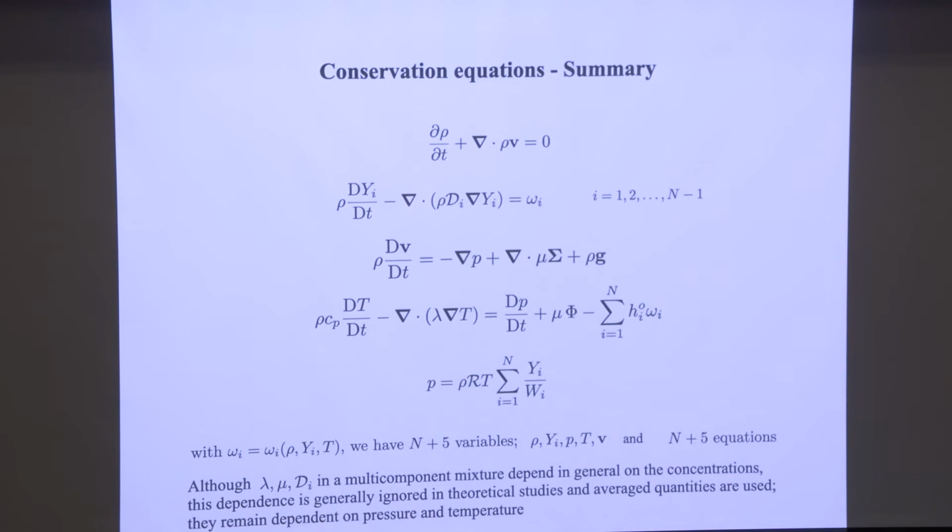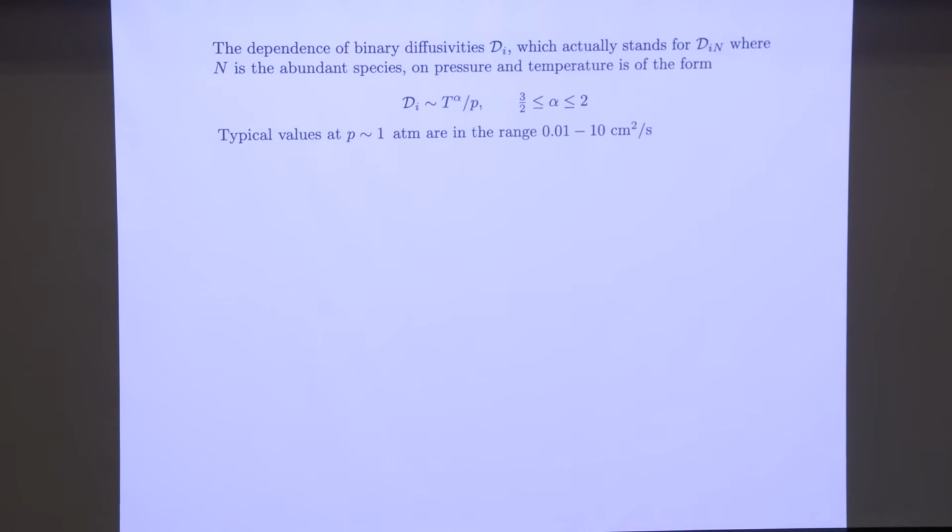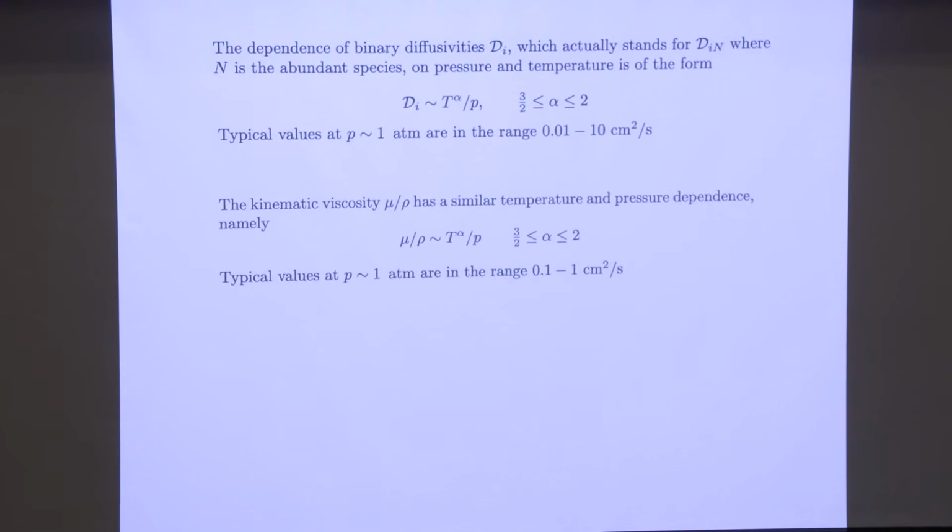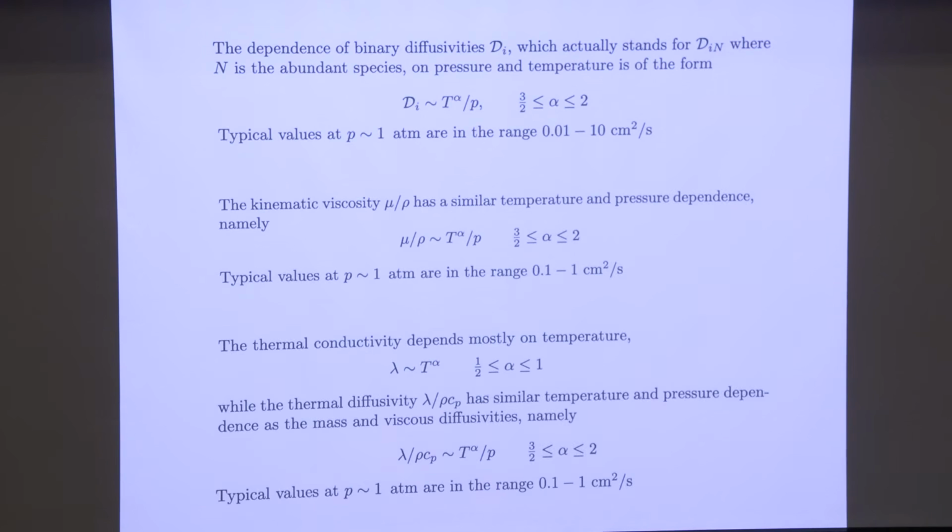The coefficients lambda, mu, and D_i are mixture dependent in general, but usually they depend primarily on temperature, and I'm going to go through that very quickly. The diffusivity depends primarily on temperature, not so much on pressure, and the exponent is typically between 1.5 and 2.